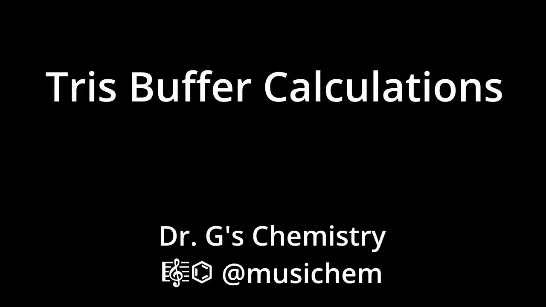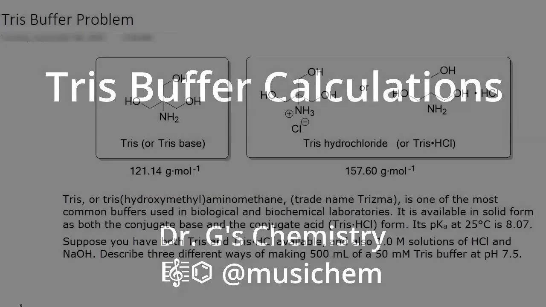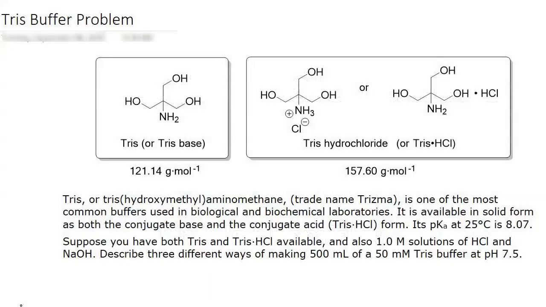I'm going to do a little example of how to do a calculation using buffers in multiple ways. And let's get started. One of the most common buffers used in biochemical and biological laboratories is TRIS. The Sigma brand name for that is Trisma. It's also known as THAM, T-H-A-M.